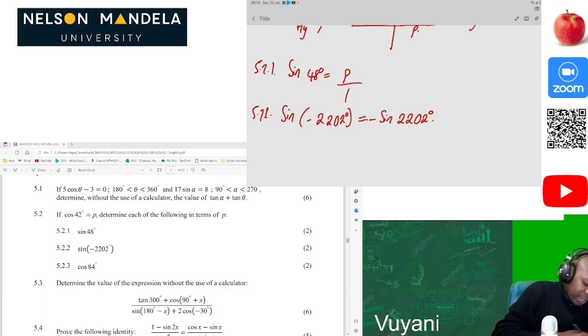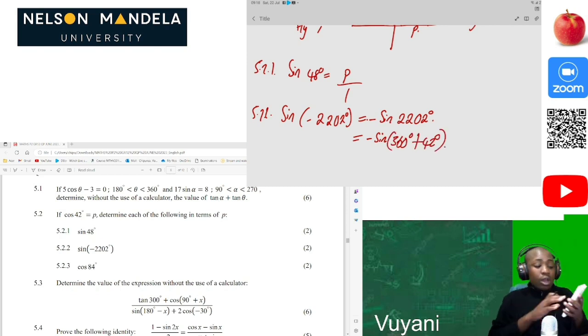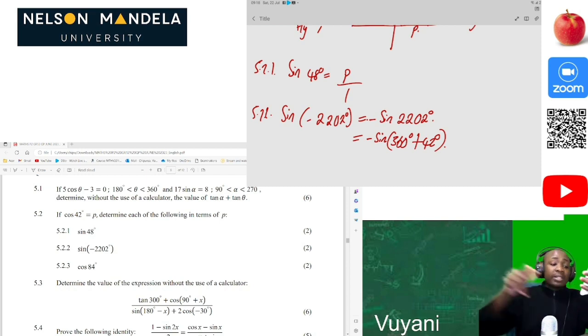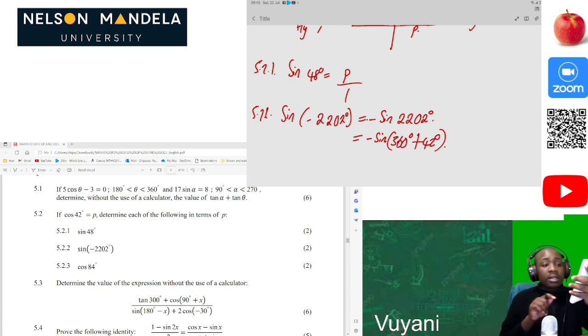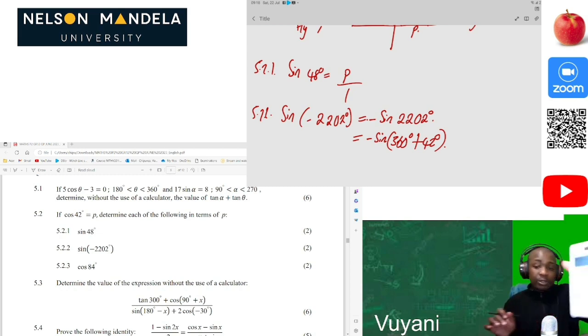So we'll see that we have negative sine of 360 degrees plus 42 degrees at the end. The first revolution is 360, the other one is 720, then 1080, then 1440, then 1800, then now we are at 2160. Then if we add 42 there, we'll be able to get our answer.